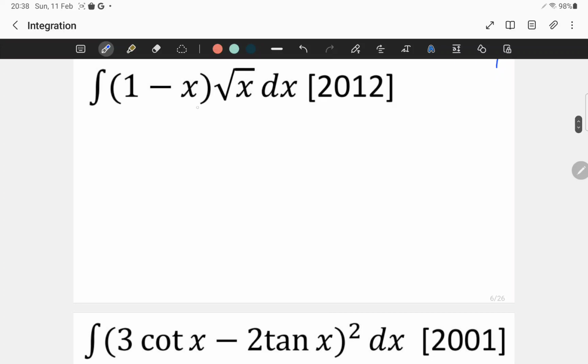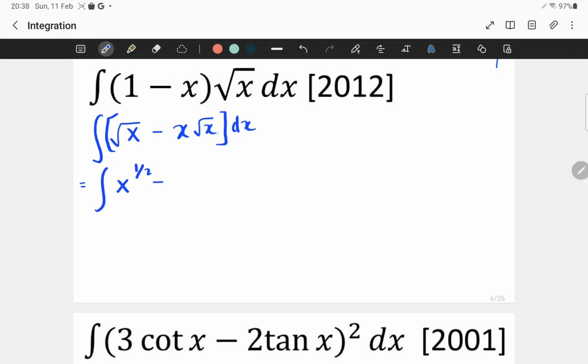1 minus x multiplied by root x. We can open a bracket and let's do root x minus x root x, so this is x to the power half minus x to the power 3 by 2. We remember x to the power m into x to the power n becomes x to the power m plus n.